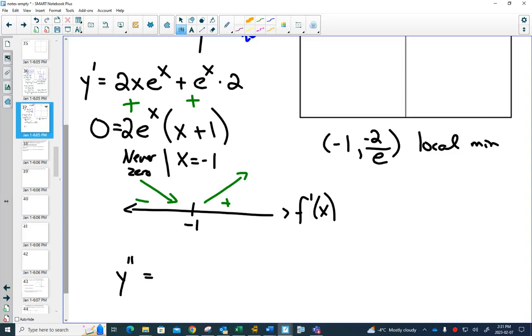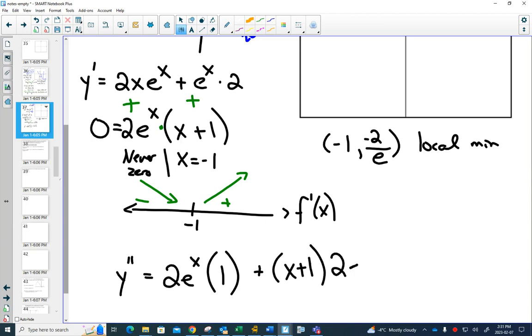If you use the factored form, do you see that you have a product rule again? So we would keep one the same. Let's say I keep this one the same. Derivative of the second one would be 1. Then I keep the second one the same. Derivative of the first one would be 2e to the x.